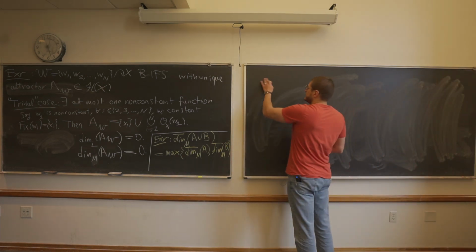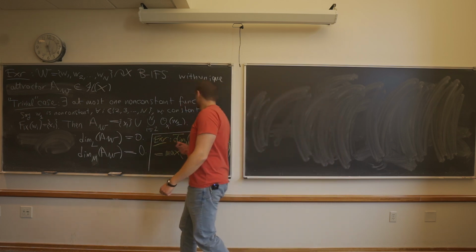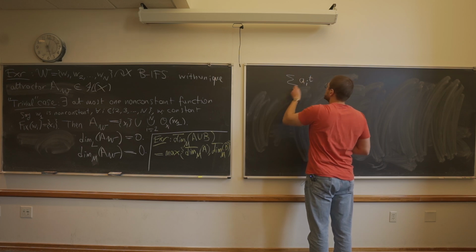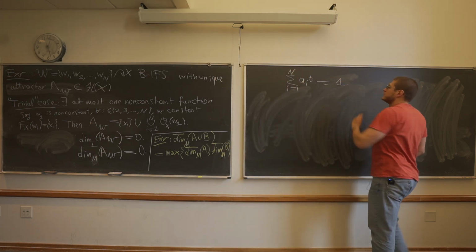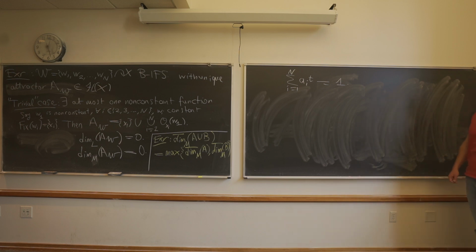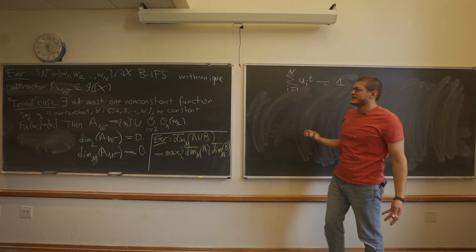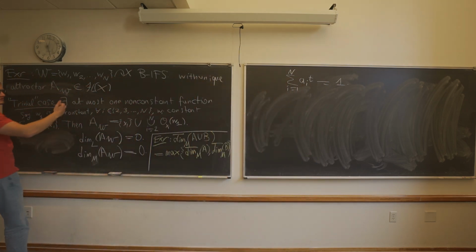And when you're trying to define this upper similarity dimension, well, you're looking at this equation. But in order for this to make sense, so far we didn't say this, but we were thinking of all of these as non-constant.